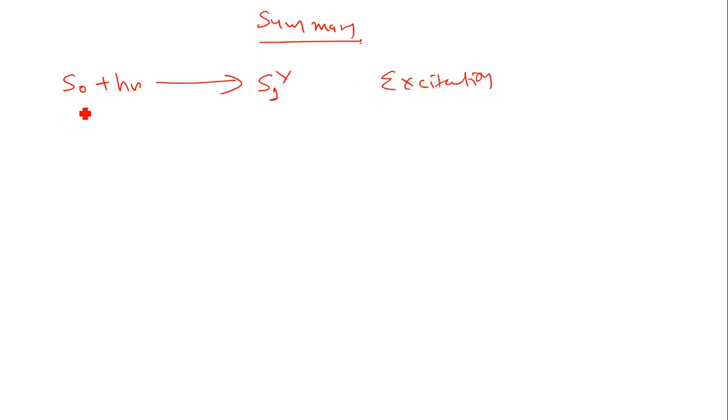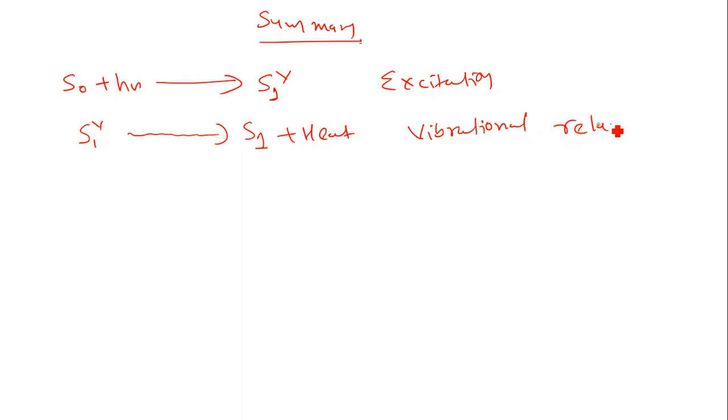When S0 is converted into S1, the higher vibrational level of S1 is converted to the lowest S1 state by loss of the vibrational level and generation of heat. That is known as vibrational relaxation.